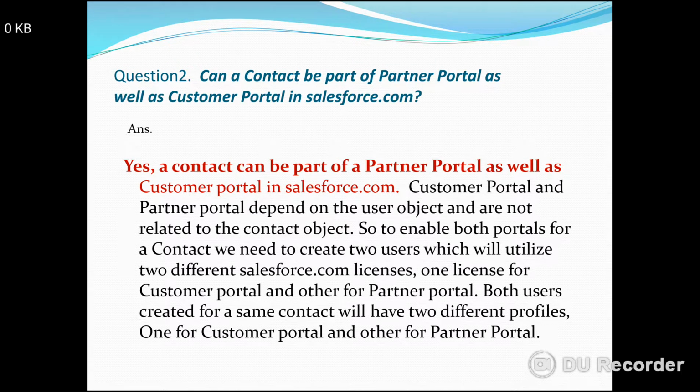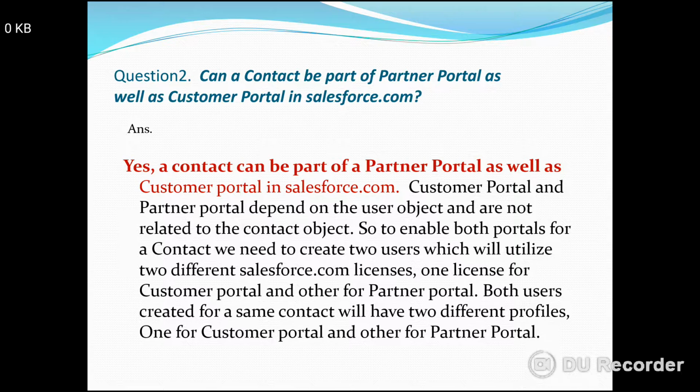Now, second question: can a contact be part of a partner portal as well as a customer portal in salesforce.com? Yes, it can. Customer portal and partner portal depend on the user object and are not related to the contact object.